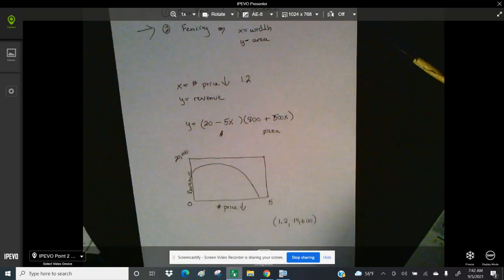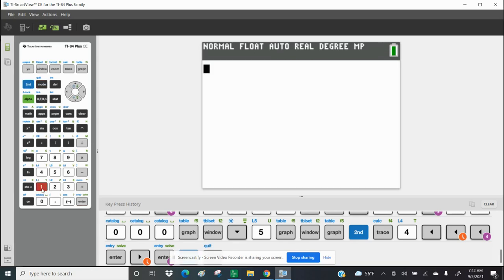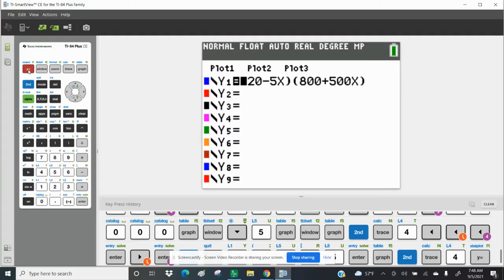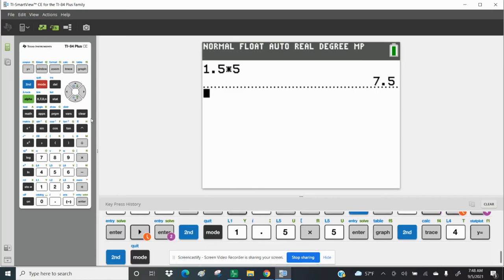So if you go to your calculator and clear, 1.2 times 5, that'll tell you that there's $6 that they want to decrease their price.